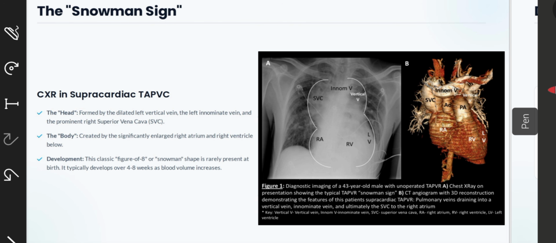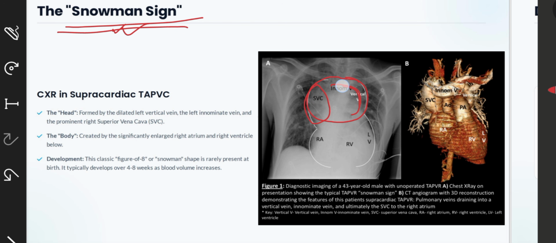Now the chest X-ray of TAPVC. The chest X-ray of supracardiac TAPVC shows a snowman or figure of 8 appearance. This is very important for MCQ. The head end is mainly produced by the SVC shadow, and this is the vertical vein.